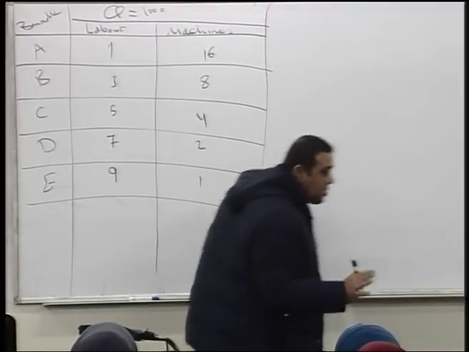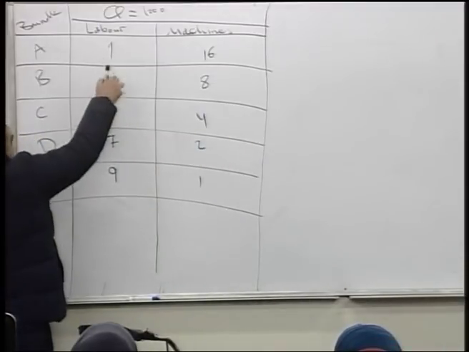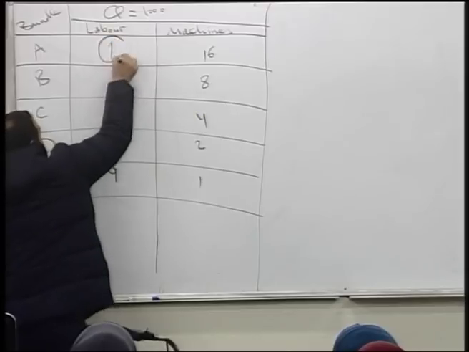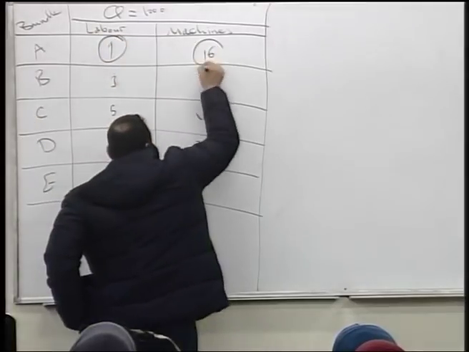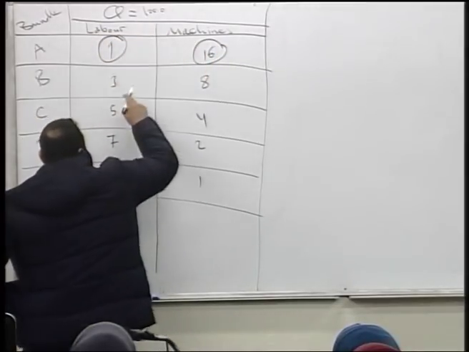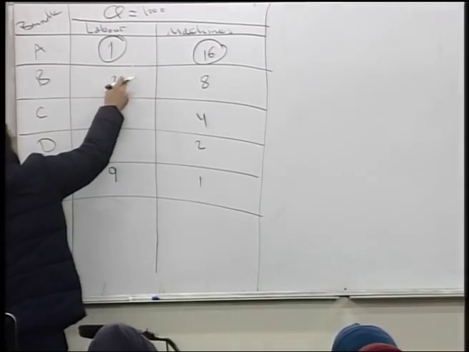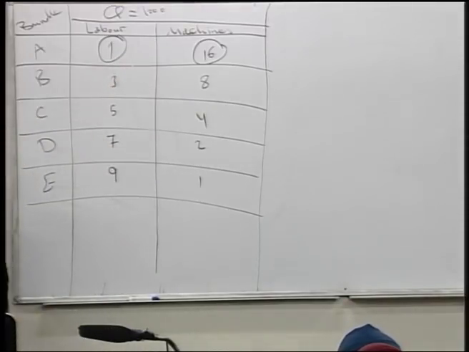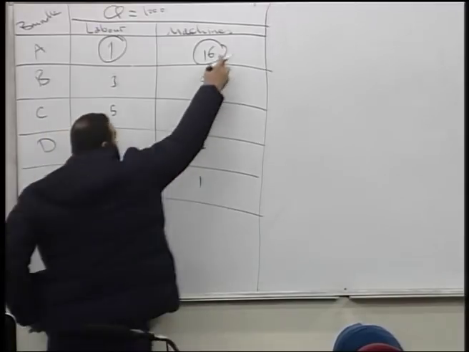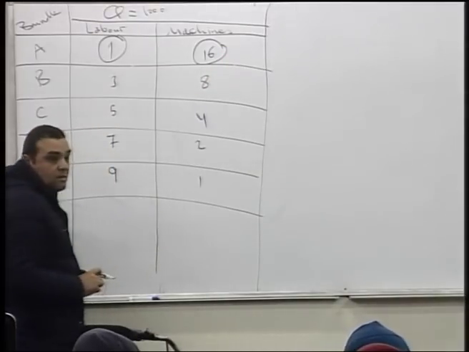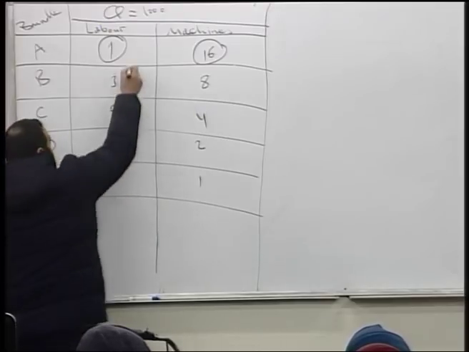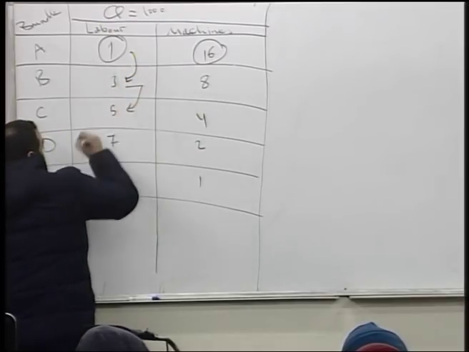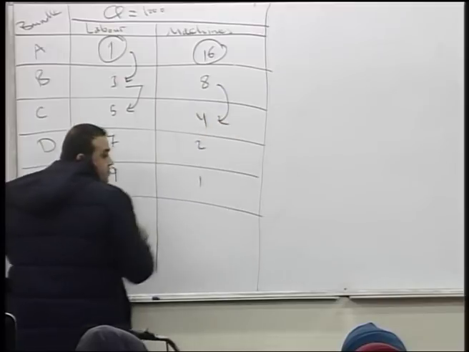All right? So, what do you see here? When he uses one worker and 16 machines, he can produce 1,000. Adding 2 more workers, the giving up is how much? 8 machines. Adding 2 more workers, the giving up is 4.